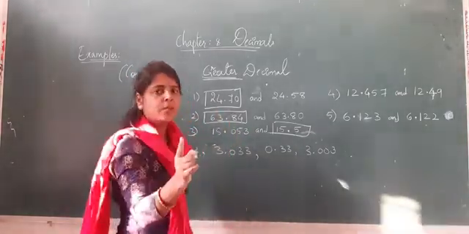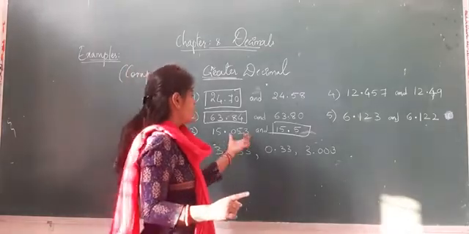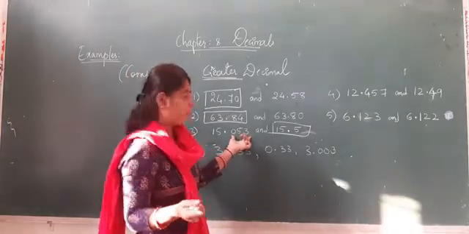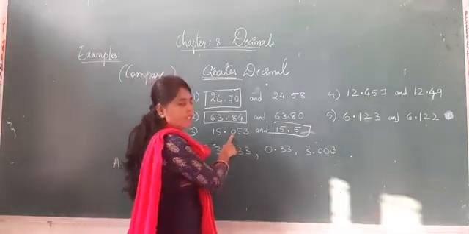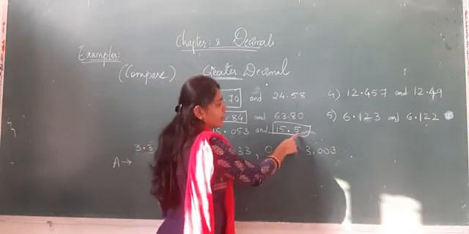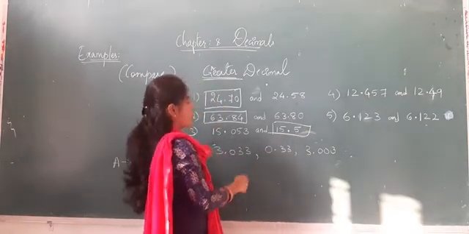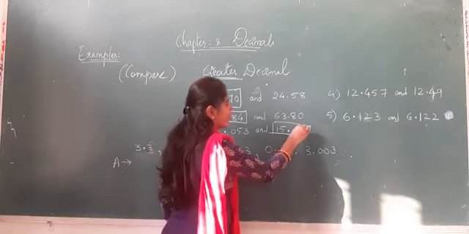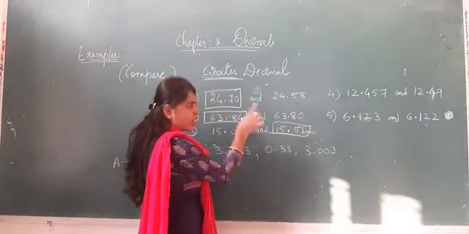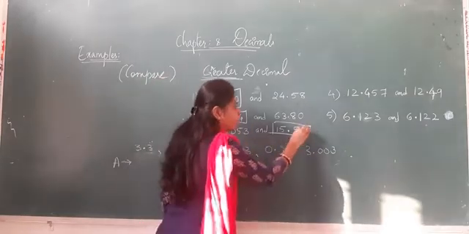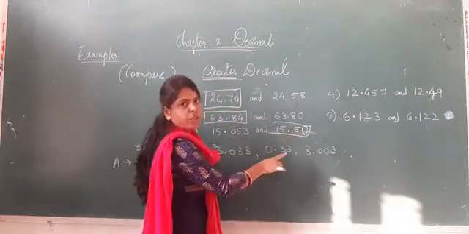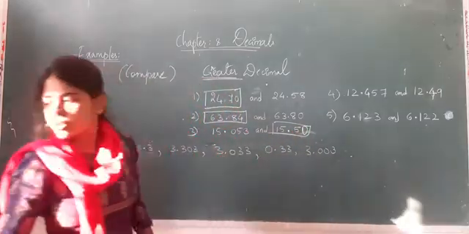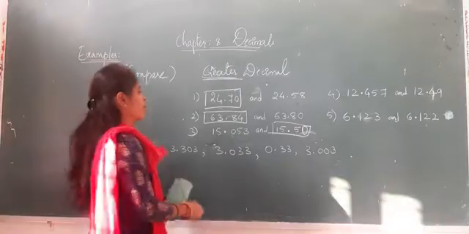Based on the place values, not the place digits. If this is given in the first place, here also you have to check the first place. Okay. So for example, if it is given 51 also, which is greater, this only. Or if it is 50 also, that one only is greater. Okay. So we have to be clear about that.